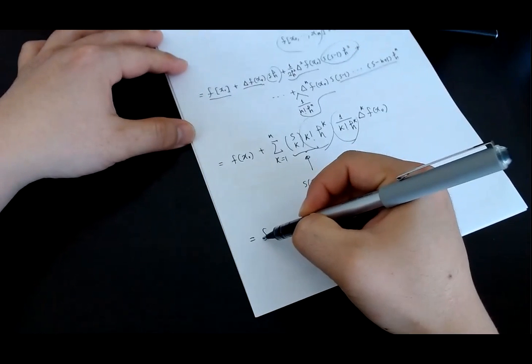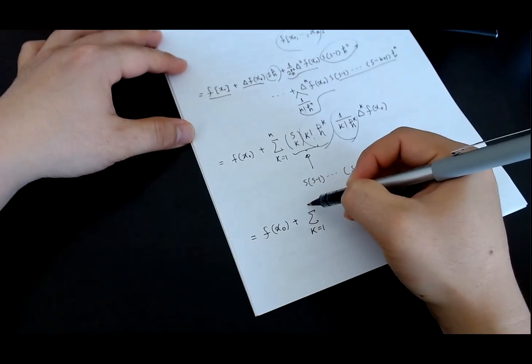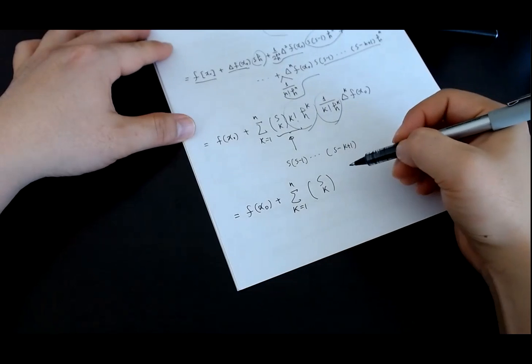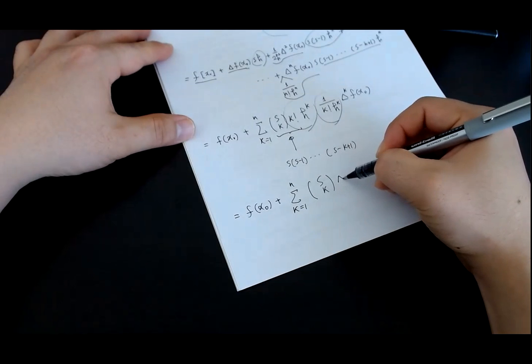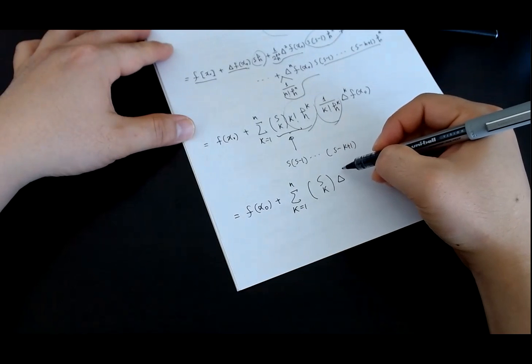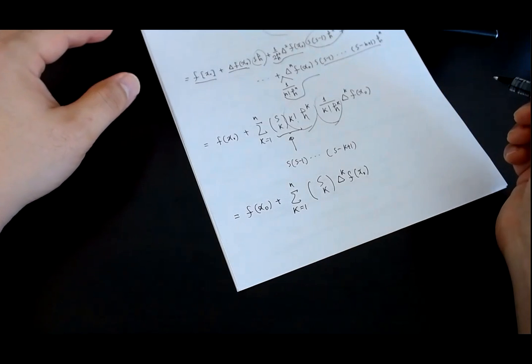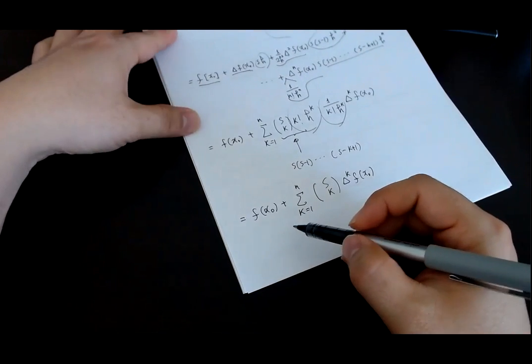So this is equal to f of x0 plus sigma k equals 1 to the nth power, combination s and k, and then nabla k's power f of x0. Okay. Right.